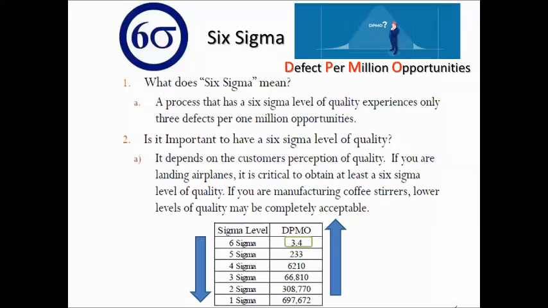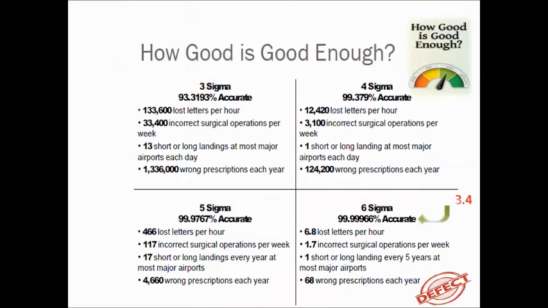So why are we keen about this defects per million opportunities? Because it reflects the defect rate or the accuracy percentage of doing our process. How good is good enough to do the process.